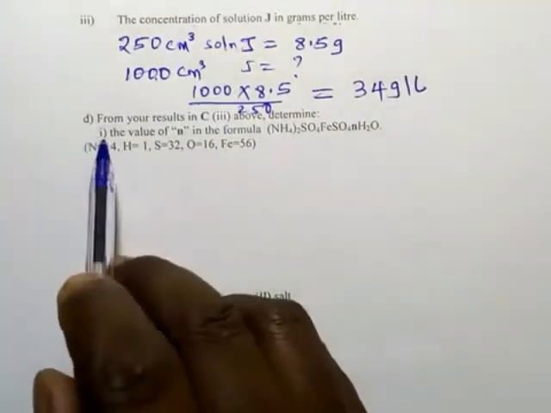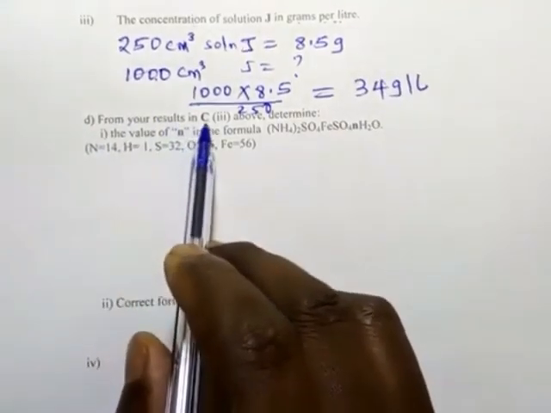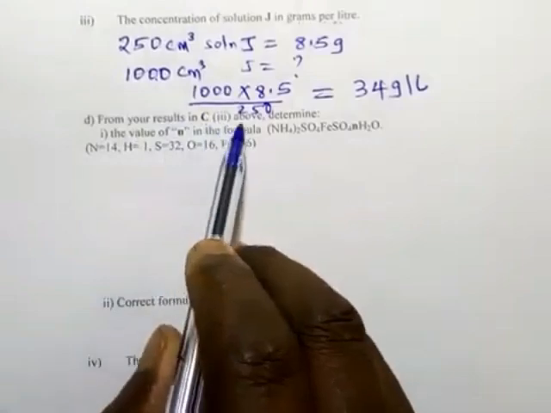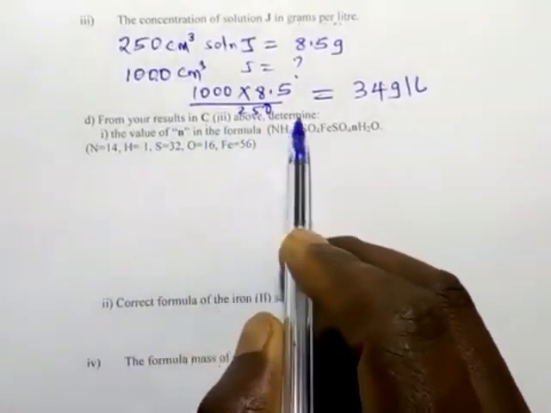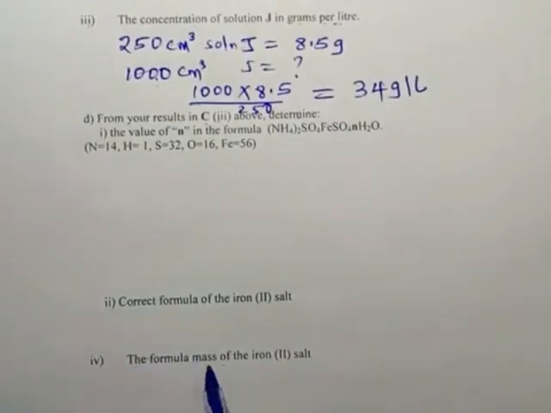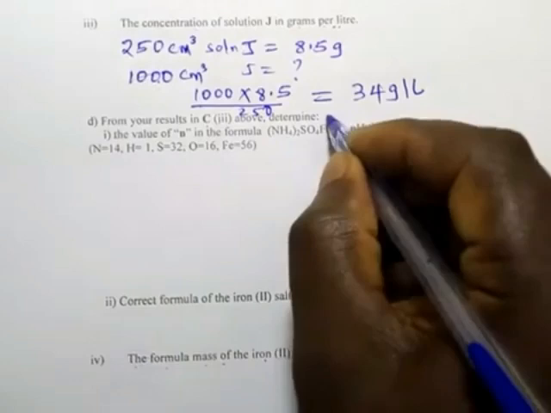Next question. From the result in 3 above, 3C, this is C Roman 3 above, determine the formula mass, which is the RFM. This question is misplaced. So it is supposed to be here.